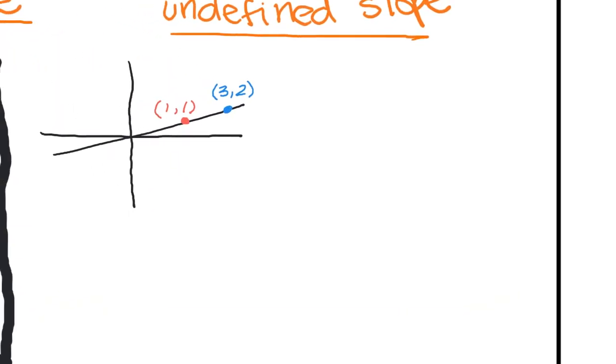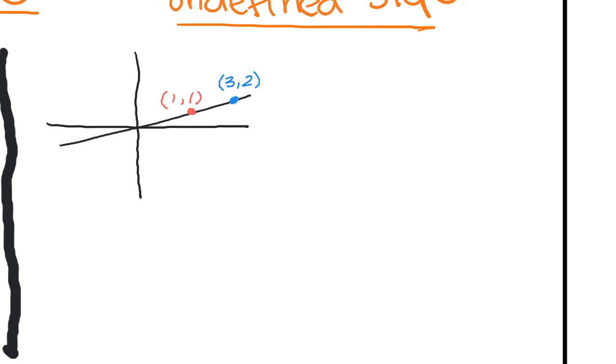I've got my graph here. So I will say that, let's make this 1, 1 coordinate right here. We'll say that is x1, y1. And then we have a second coordinate, which is 3, 2. We'll make that x2, y2.